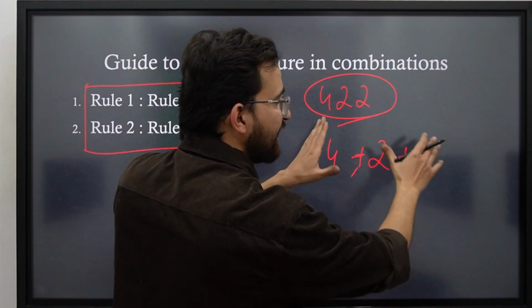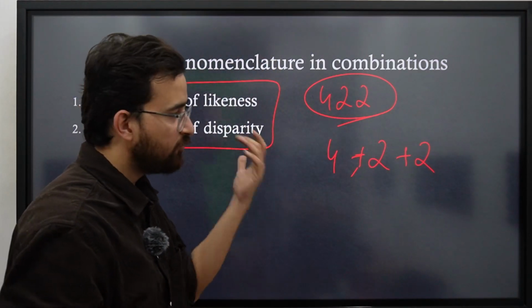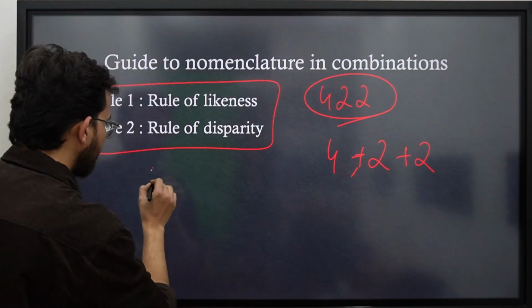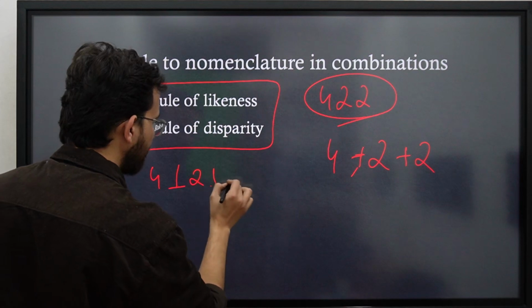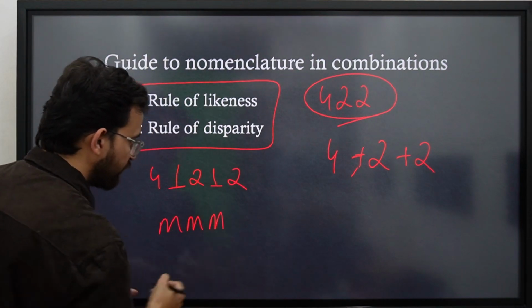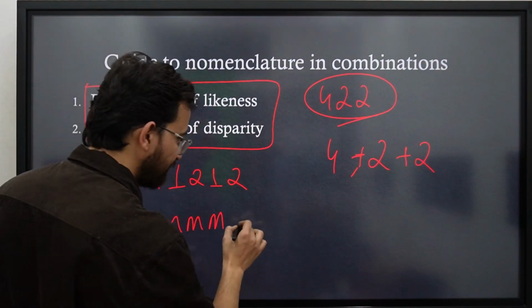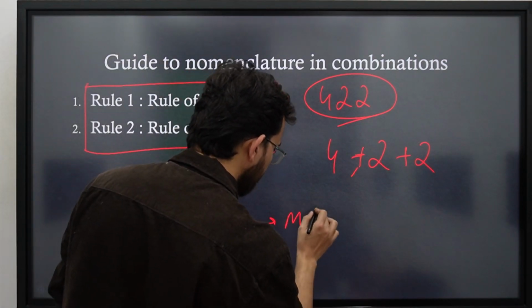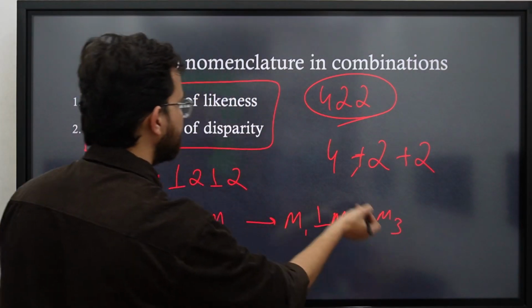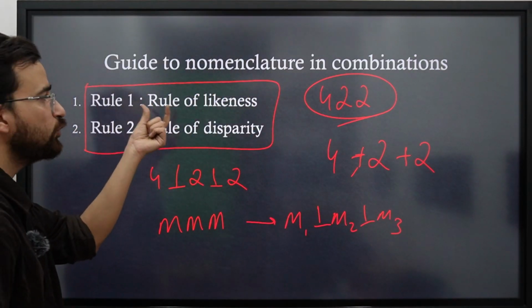Now, what would be the angle between these 3? From our earlier discussions, we know that they have to be perpendicular. So the angle between these 3 is perpendicular. What if I write something like this? What would be the angle between these 3 mirror planes? The angle would be perpendicular to one another. So this is our first rule. The first rule is the rule of likeness.